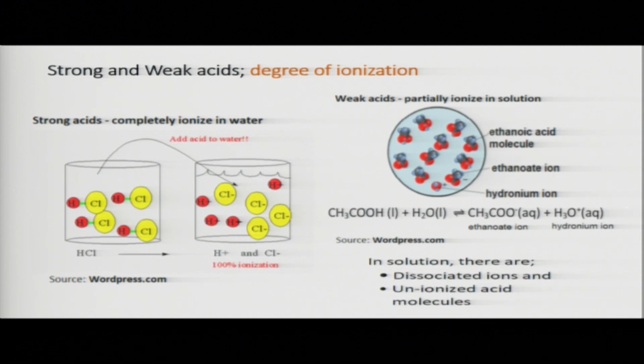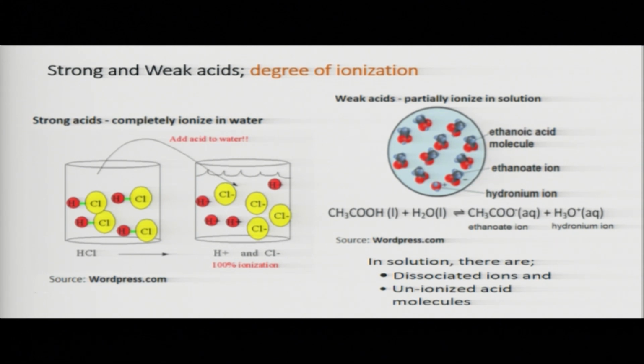So a quick aspect to look at is that for weak acids, you will always have unionized molecules and ionized or dissociated ions in solution. That is a quick difference.